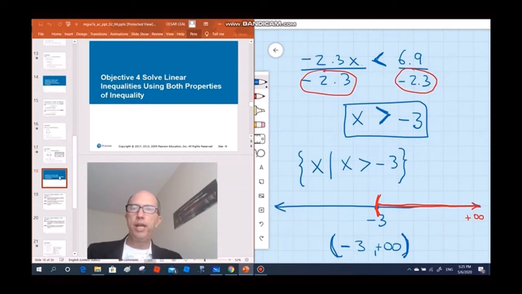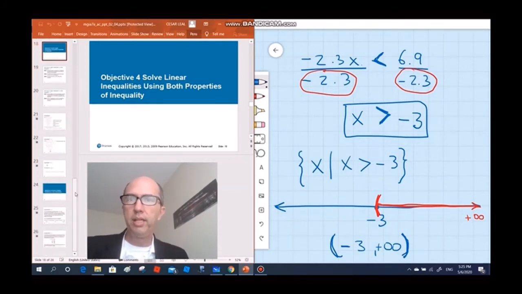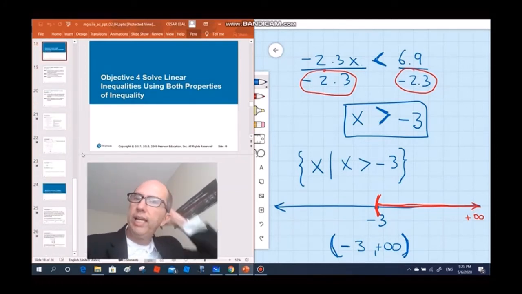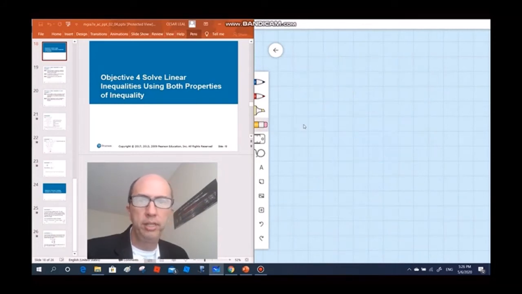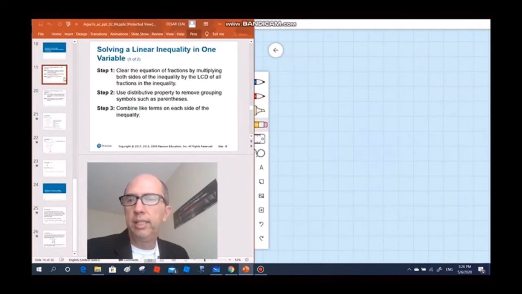Go to the next objective, objective 4. Solve linear inequalities using both properties of inequality. Gonna use both multiplication and addition property. And the step by step. Clear the equation of fractions by multiplying both sides of the inequality by the lowest common denominator.